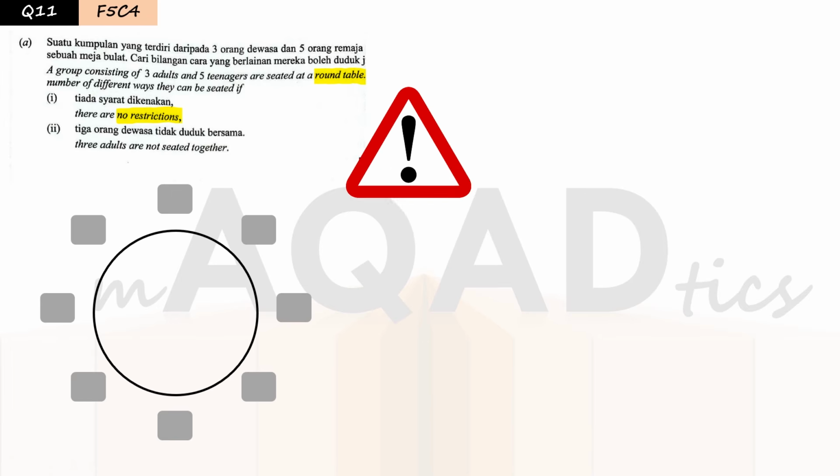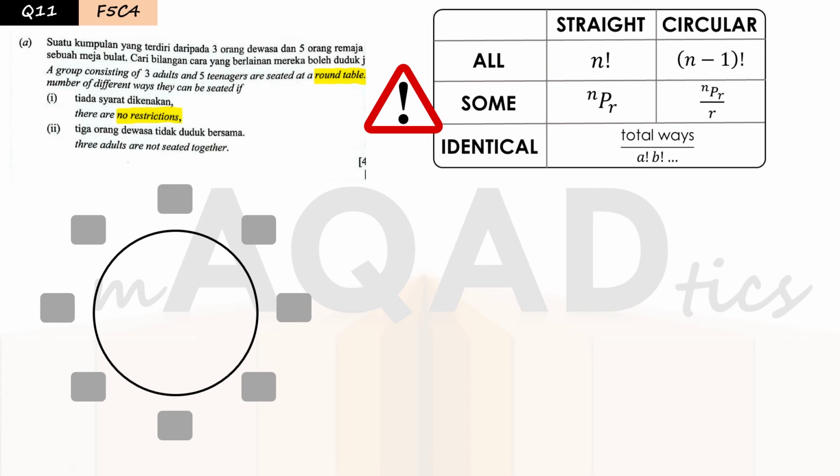Since this is a permutation question, let's pull down the list of formulas for permutation. Now we are arranging all of the people here, the 3 adults and the 5 teenagers. So we are going to look at this row, and we are arranging them in a round table, meaning a circular table, meaning a circular arrangement, so we are going to look at this column.